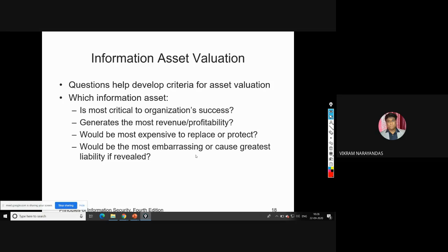For that purpose, list the assets in order of importance. This can be achieved by the weighted factor analysis worksheet. Organizations maintain a weighted factor analysis worksheet.